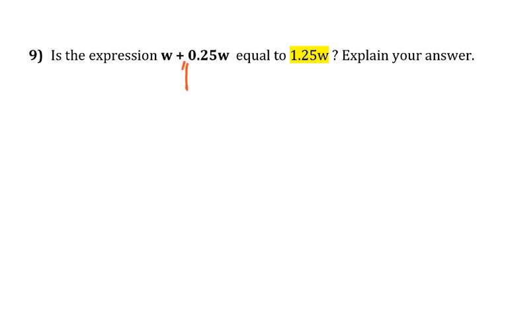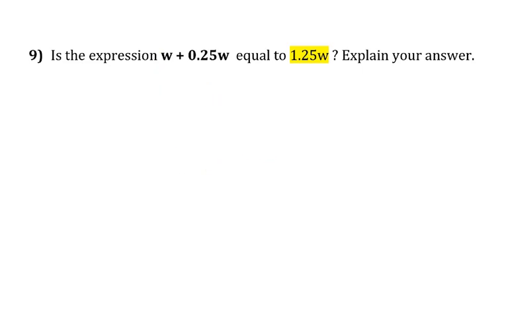Okay, since this is addition, I need like terms. Do I have like terms? Well, I have w and w. So I do have like terms. So in order to add, I take the coefficient from this and I add it to the coefficient of that. So I'm going to do 1 plus 0.25. That's 1.25. And so that's going to be 1.25w, because if I have 1w and 0.25w, I have 1.25w.